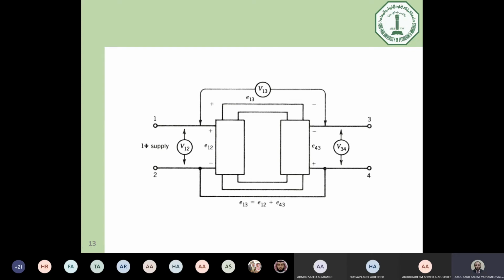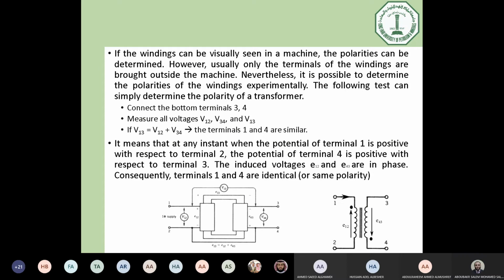If you would like to add dots for this connection, simply you can add the dots like that. This point is identical to that point. Okay, guys. So this is the way to identify the flux direction and the polarity of the coils.